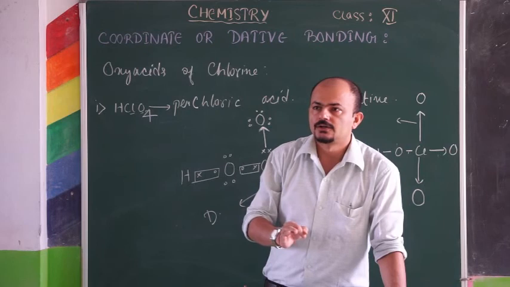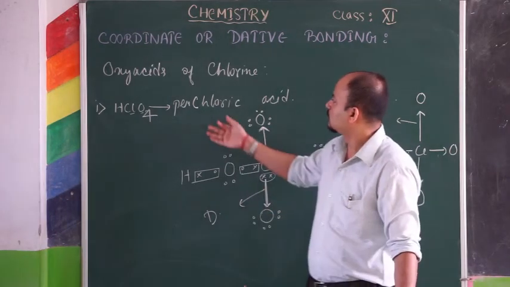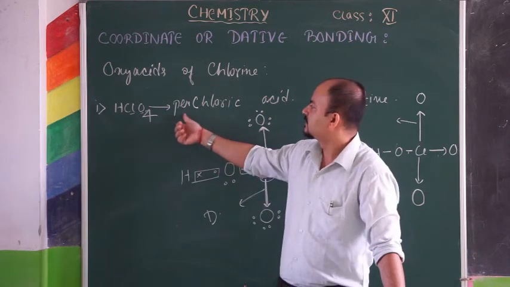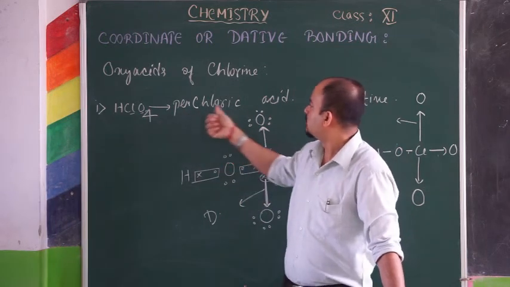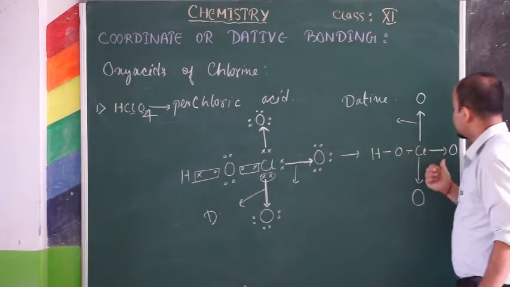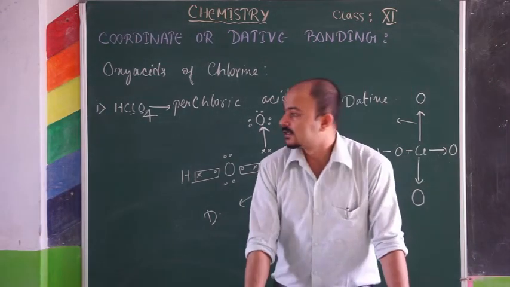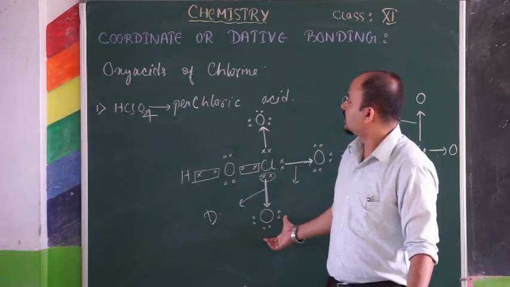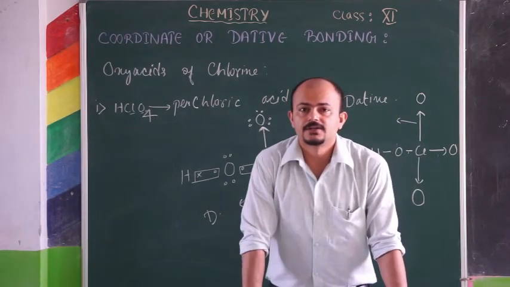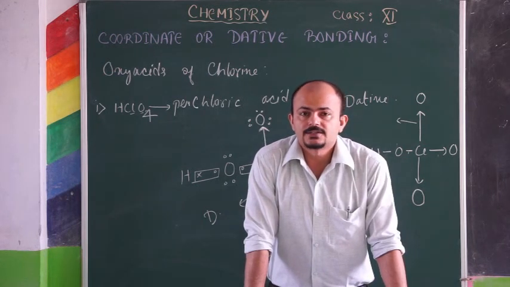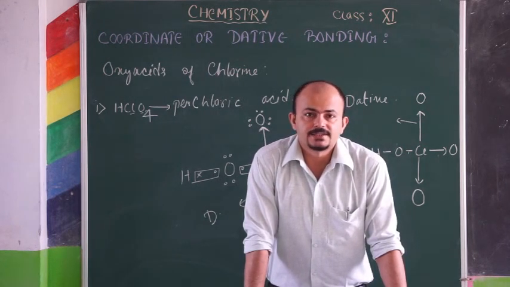Then chloric acid had 2 dative bonds. And perchloric acid has 3 dative bonds. So this is how you draw the electronic structure of these molecules, and you need to practice it properly.